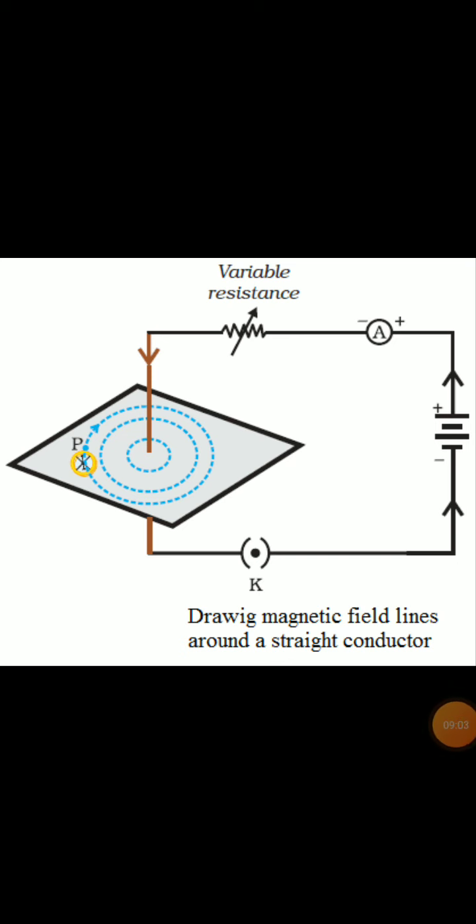And then we have to connect all these electric components as shown in the figure. How do we have to do it? We have to insert the thick copper wire through the center, normal to the plane of a rectangular cardboard.